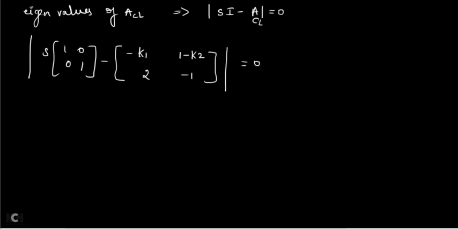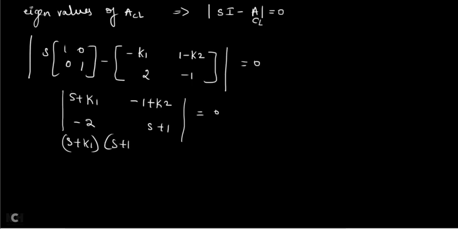If you simplify this after taking the determinant, you are going to get (s plus K1) into (s plus 1) minus 2 into (1 plus K2) is equal to 0.